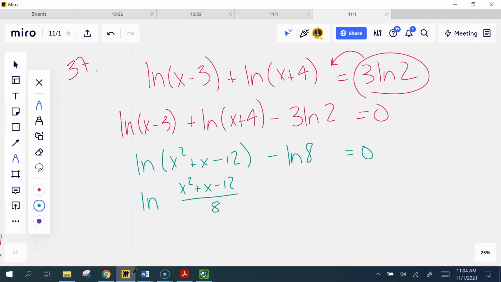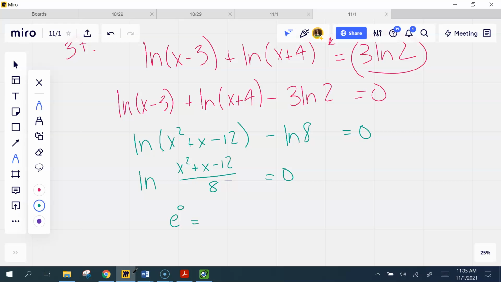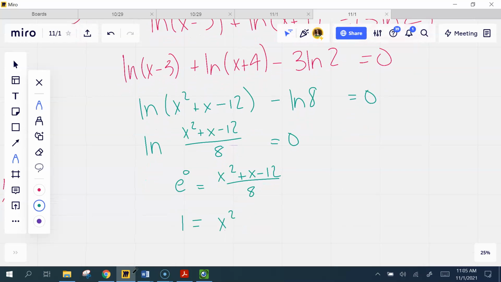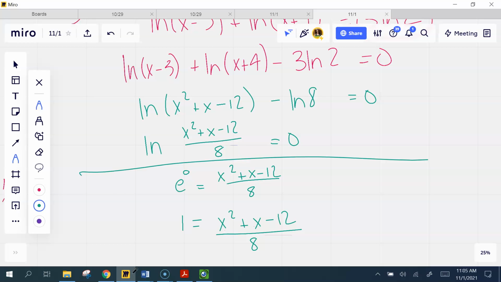Everybody at least get here? Did you at least get it condensed down to here?